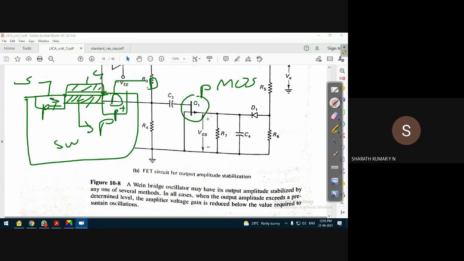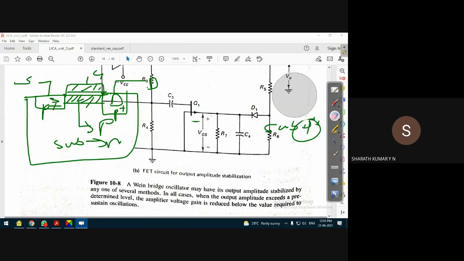What about the substrate? The substrate is of type N. The reverse is true for an N channel MOSFET, NMOS. In case of NMOS, the source, drain and channel will be N type, and the substrate will be P type.